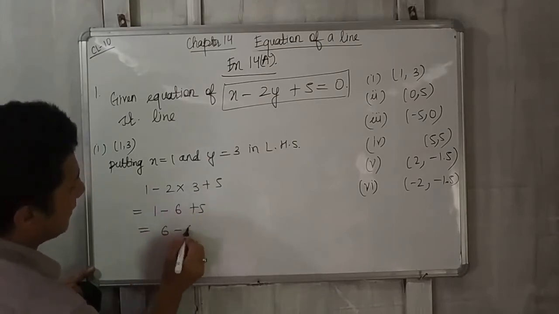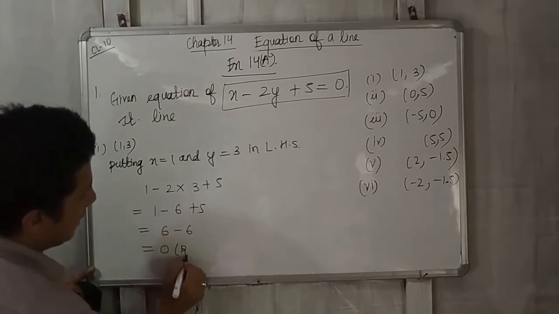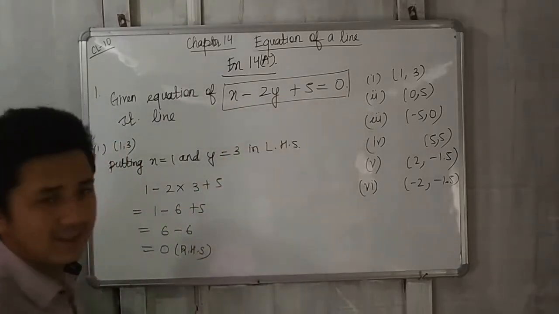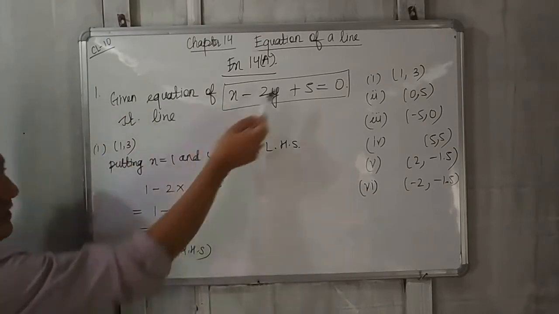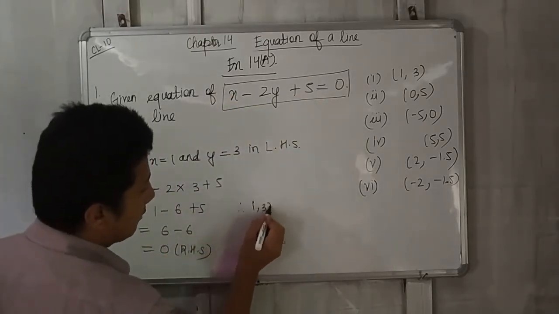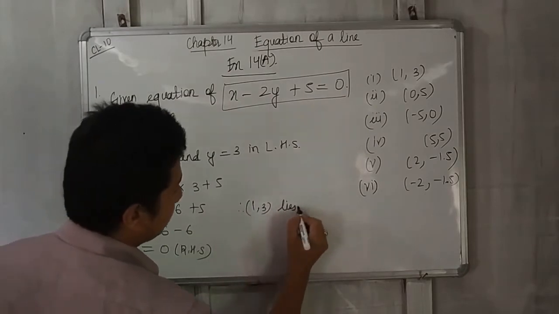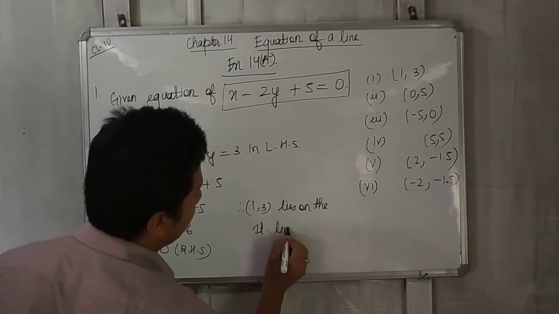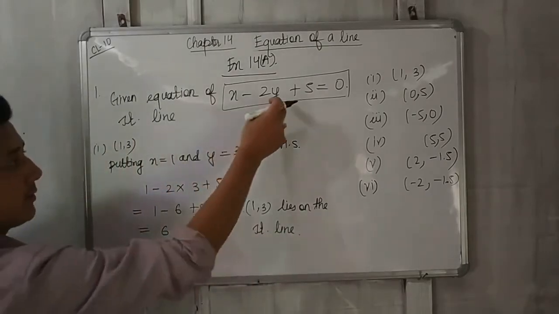Therefore this is 6 minus 6, which equals 0, which is the RHS. So as the left hand side equals the right hand side for this point, therefore (1, 3) lies on the straight line. Which straight line? This straight line.